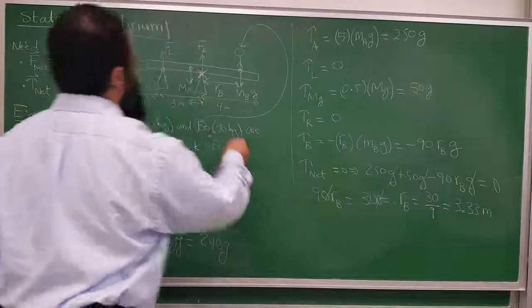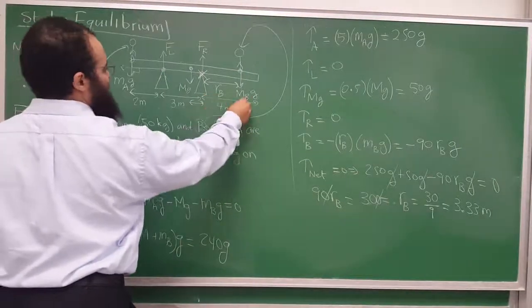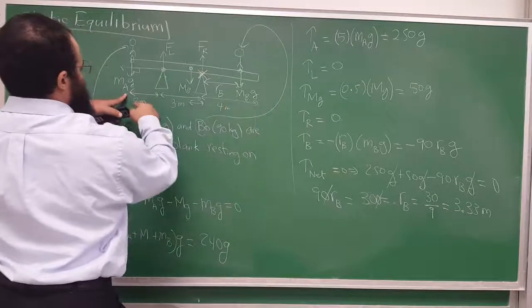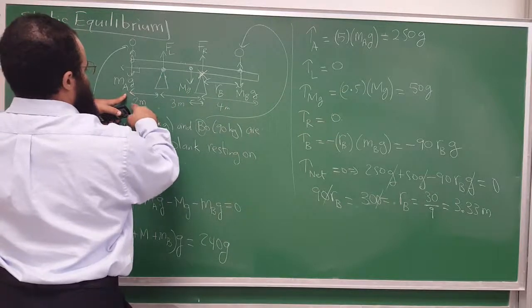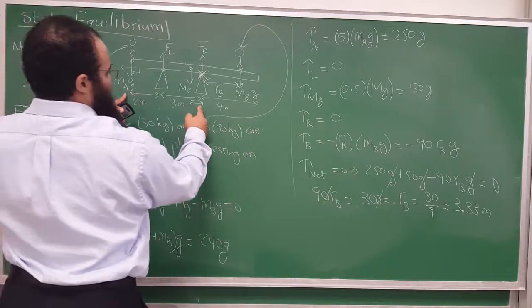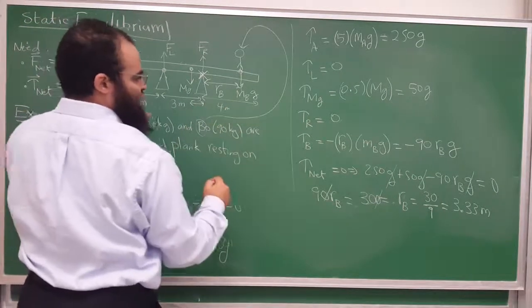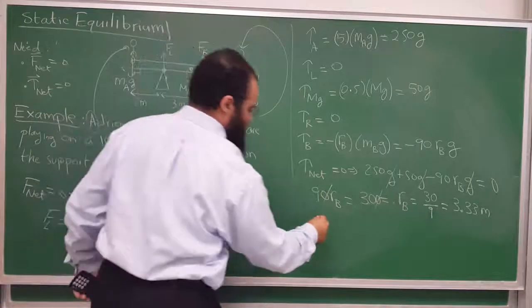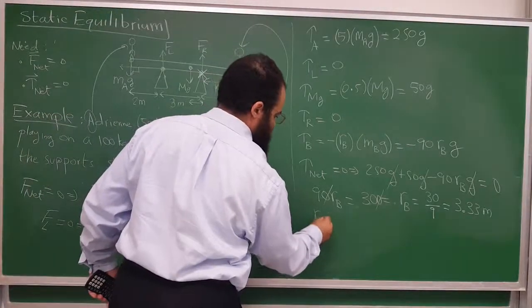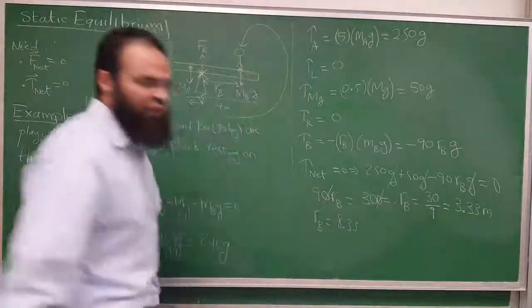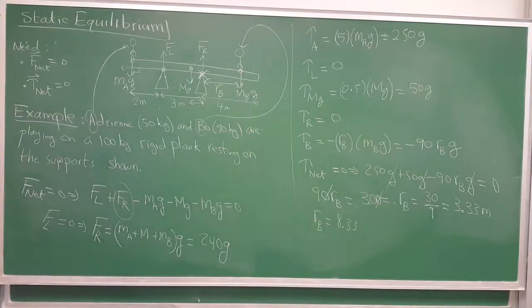So Bob is here. This is 3.3, but they want the distance from here all the way to here. Well, that's 5 plus 3.33, and that gives me 8.33. Hopefully I didn't make any errors.